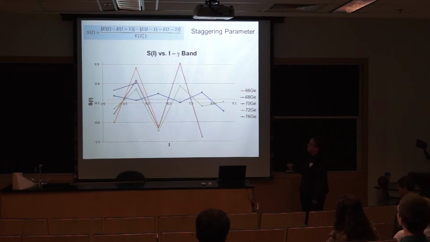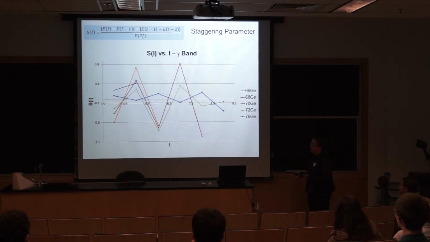I also looked at what's called a staggering parameter for germanium-70. Here we have germanium-70 in red, and then it's compared to other nearby even germanium isotopes. And the important thing to notice here is that germanium-70 is in phase with most of the nearby germanium isotopes, except for germanium-76, which, as I said earlier, has recently been shown to exhibit rigid triaxial deformation.